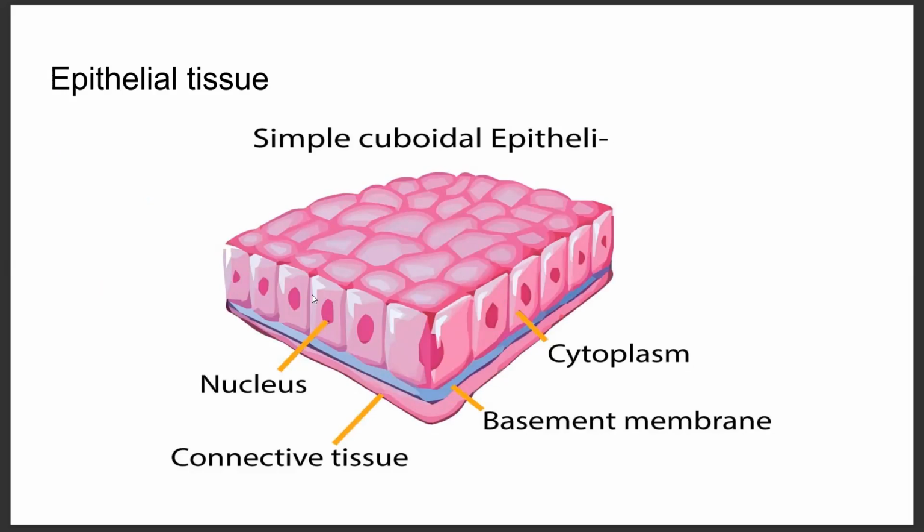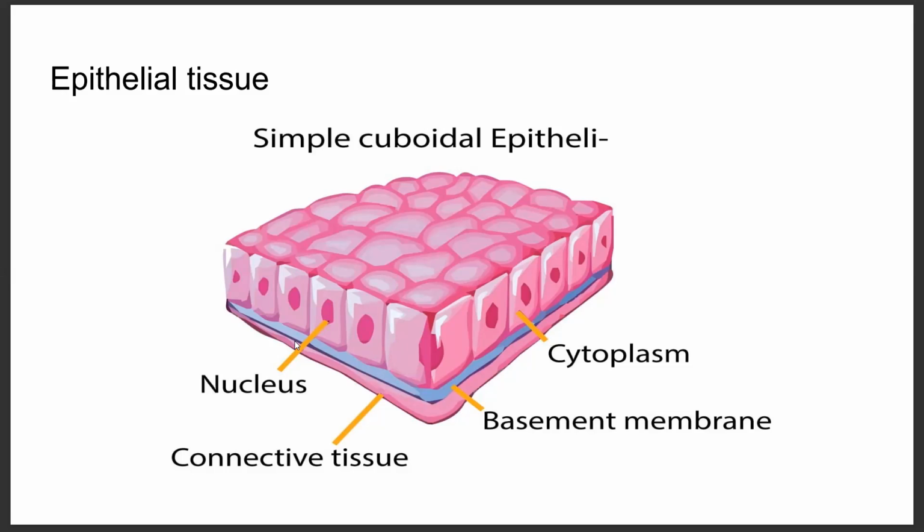It is free, it is open, it's not attached to anywhere. And the surface attached to the basement membrane is called the basal surface. There are two surfaces, apical surface and basal surface. The apical surface remains free and the basal surface is attached to the basement membrane.